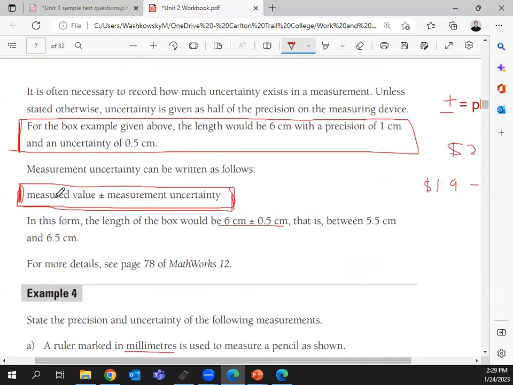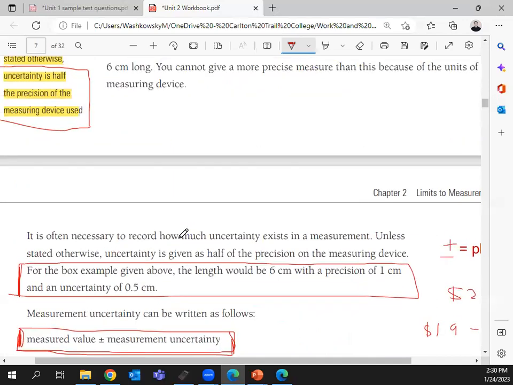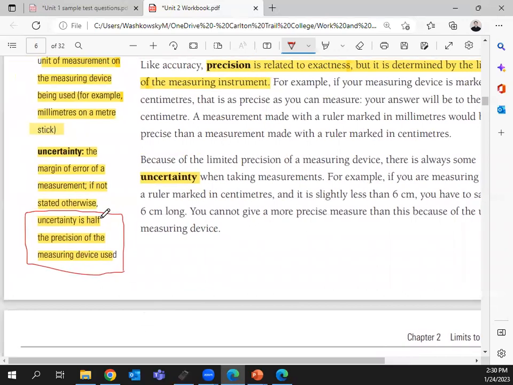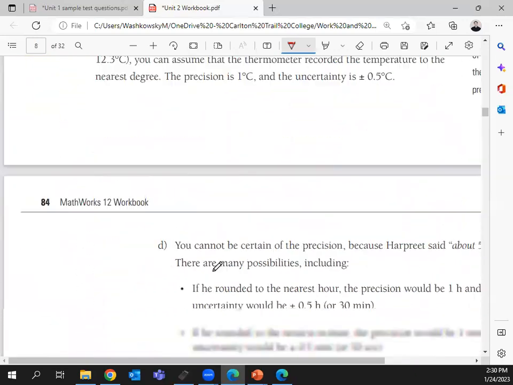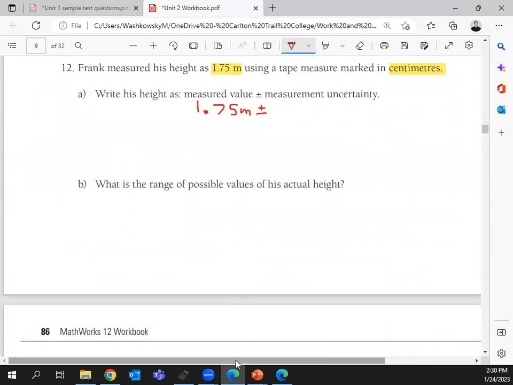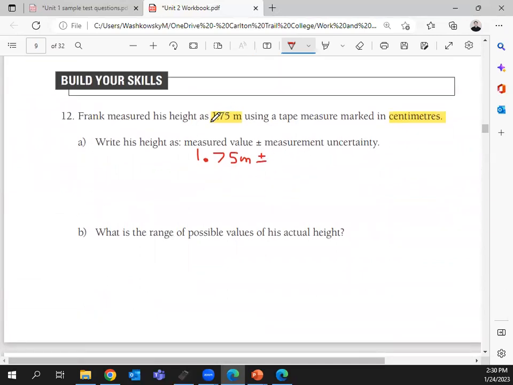So if you ever want to find that measurement uncertainty, remember, you can take half the precision of the measuring device used. So how you find measurement uncertainty? Take the precision, cut it in half. So if I'm going back down to this question, what's my precision being used in this 1.75 meters measured in centimeters?